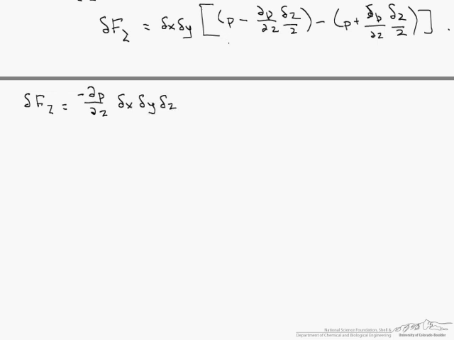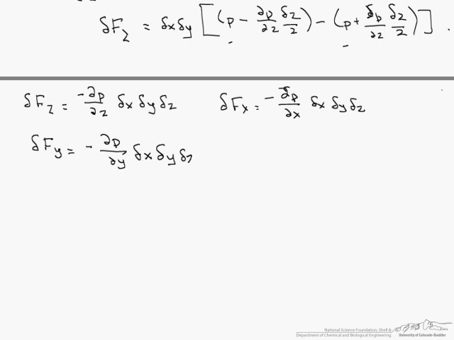Because here we have this P minus this P, and then this is a negative minus a positive, so we add them together, and that's why we get dz/2 plus dz/2, which is our dz, times our dx dy. We do this same thing for every other face, and we get the same expressions except for how P varies. And dFy is equal to minus dp/dy dx dy dz.